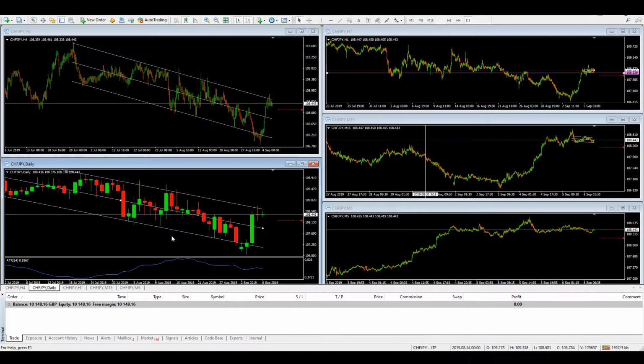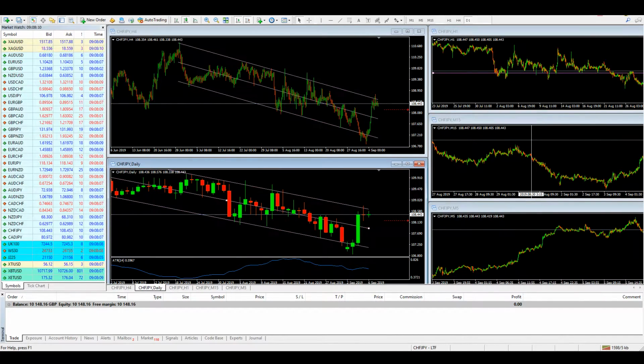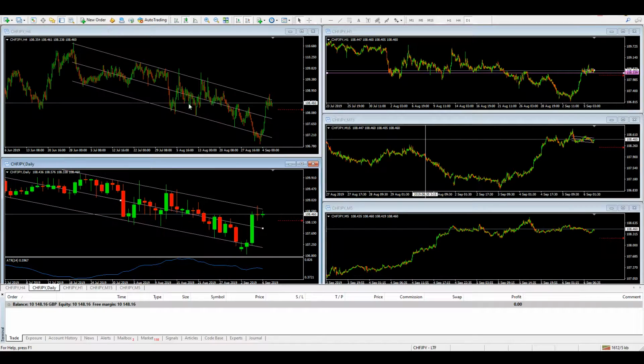So that stacks up. The only thing to be cautious of is that if you were to enter today it would be held over the weekend, which obviously leaves you susceptible to the market gapping, and you getting stopped out at an undesirable price. So that is some extra additional risk that you're taking on there.